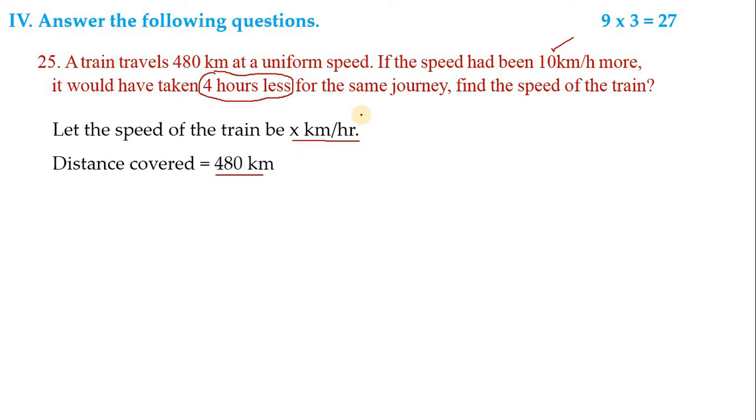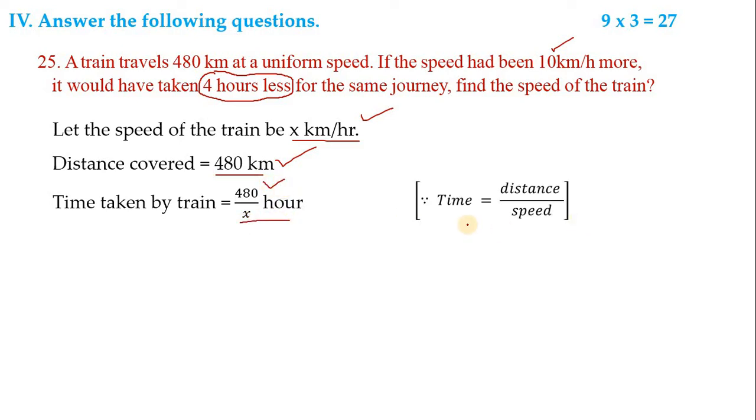Hence we have to express the speed and distance in terms of time by using the time formula. So we get 480 by x hours. I have got this by using the formula, time equals distance by speed.